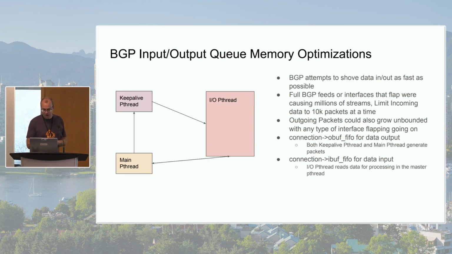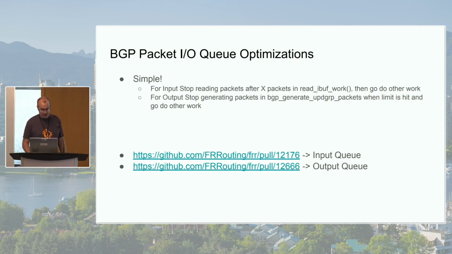BGP has an OBUF FIFO for actual data output and an IBUF FIFO for input. What we ended up doing was just stopping reading packets after we've received too many and allowing TCP to back up and tell the other side to slow down. And for output, we just stopped generating packets.